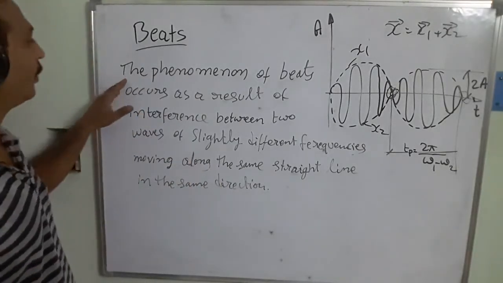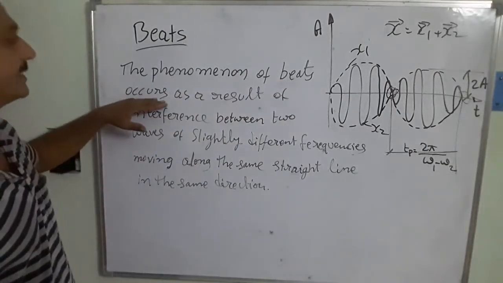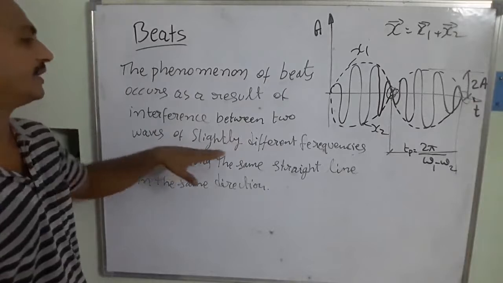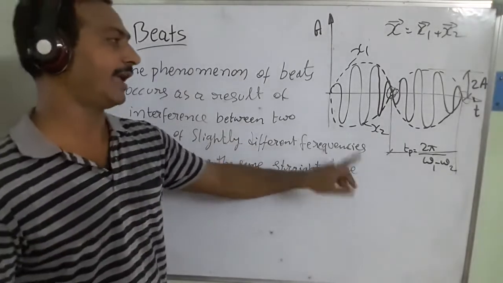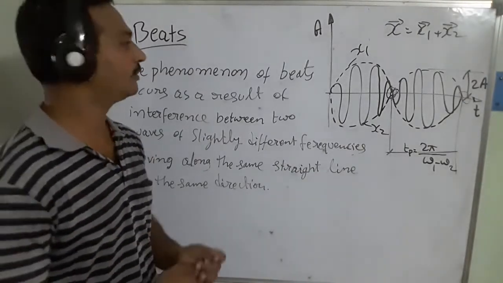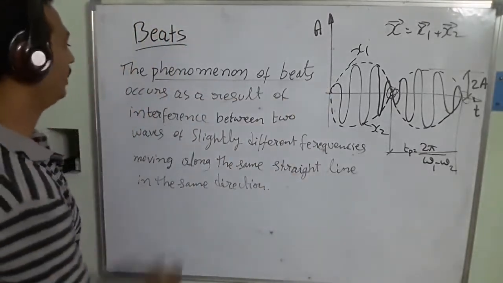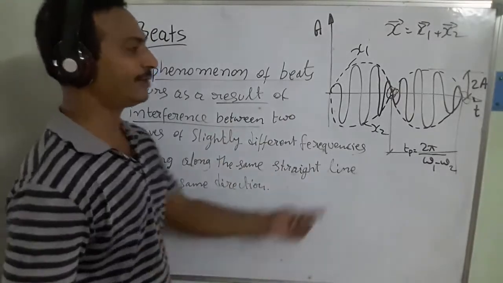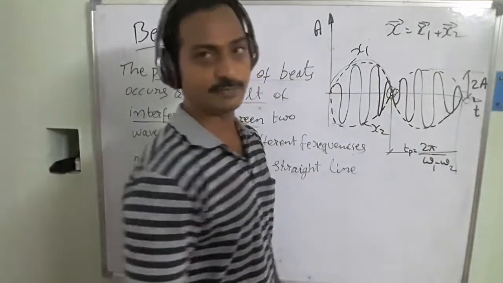Through definition, the phenomenon of beats occurs as a result of interference between two waves of slightly different frequencies moving along the same straight line in the same direction. I am going to repeat that. The phenomenon of beats occurs as a result of interference between the x1 wave and the x2 wave, which are the displacements of the system.